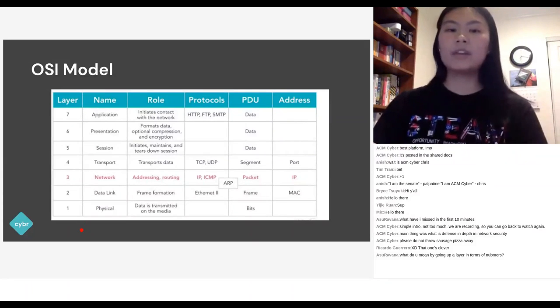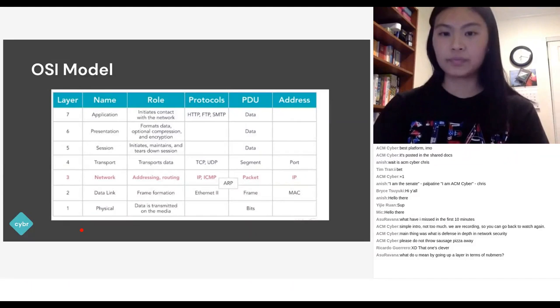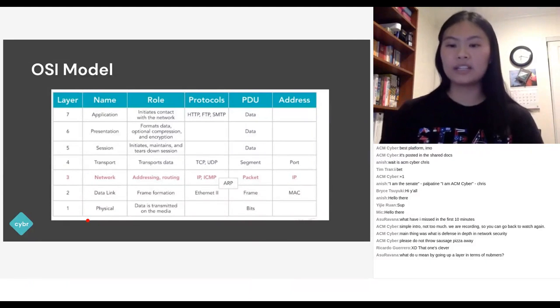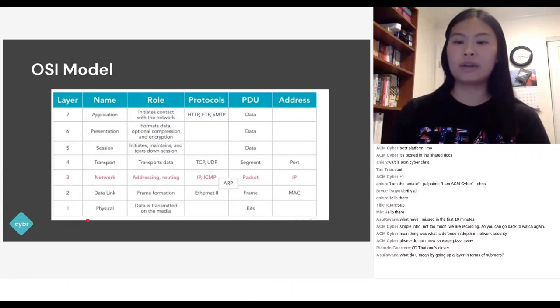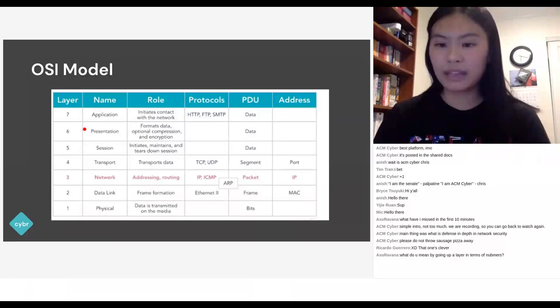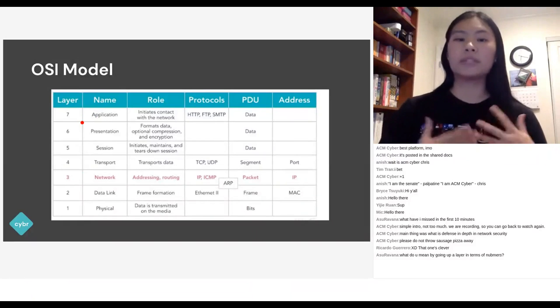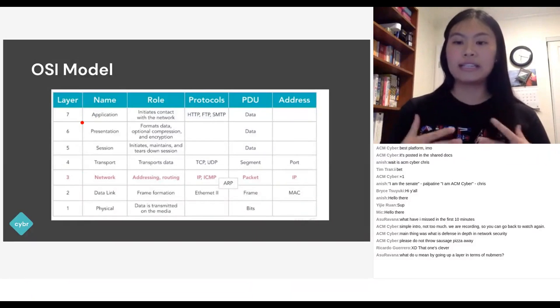When your friend receives the email, it goes back up the layers. So the data that was sent over the wire or your Ethernet, sent in zeros and ones, goes back up the layers finally to application, where the receiver is able to see the email that you sent them.